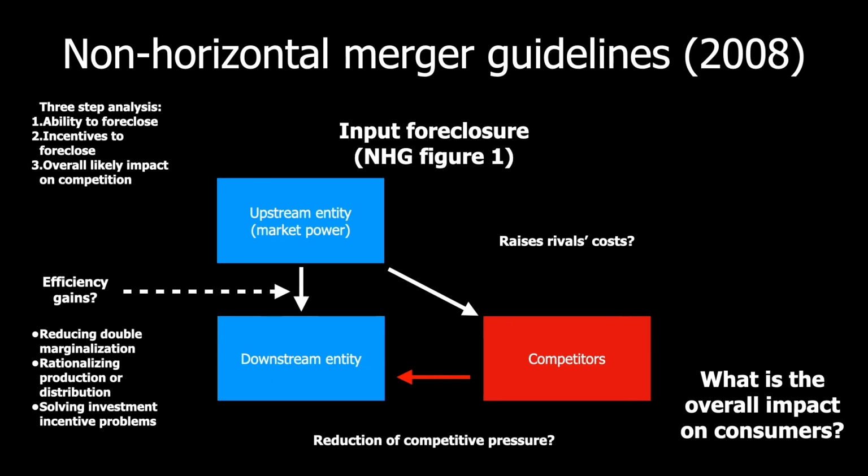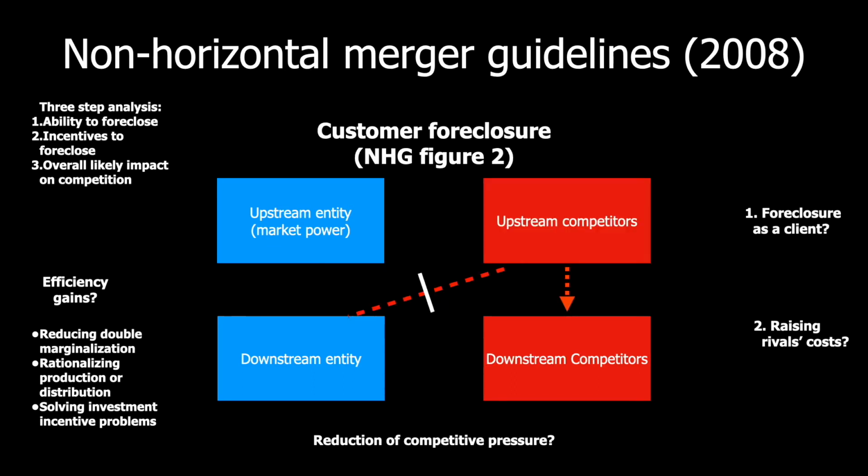The important question is to know if the concentration may lead to a reduction of the competitive pressure in the downstream market. Before reaching a conclusion, it is necessary to assess whether the concentration may lead to offsetting efficiency gains that might outweigh anti-competitive effects. Only then may we conclude on the overall impact of the concentration on consumers.